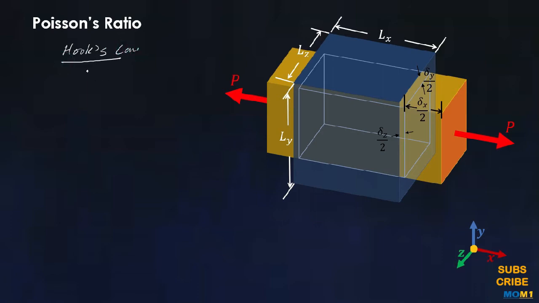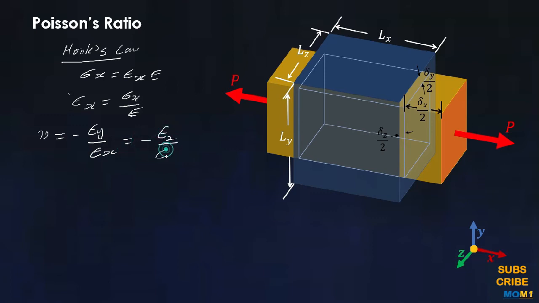which we write as sigma x is equal to E epsilon x, where E is the Young's modulus. Rewriting this expression as epsilon x is equal to sigma x upon E. Now again considering the Poisson's ratio, that is minus epsilon y upon epsilon x and also minus epsilon z upon epsilon x.